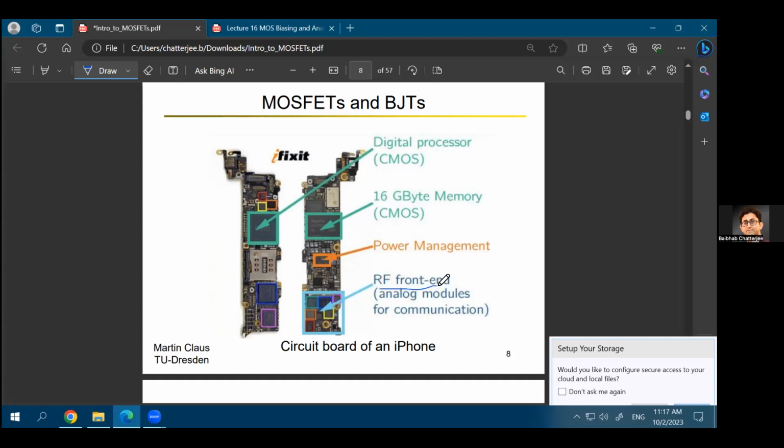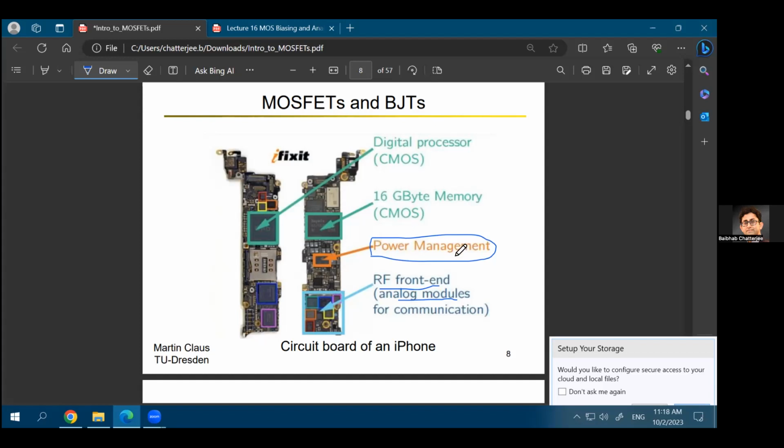And that RF front end contains analog modules for communication, and those are made of MOSFETs. The power management unit, which takes the battery of your iPhone or your Android device and creates the required amount of current for all those devices.